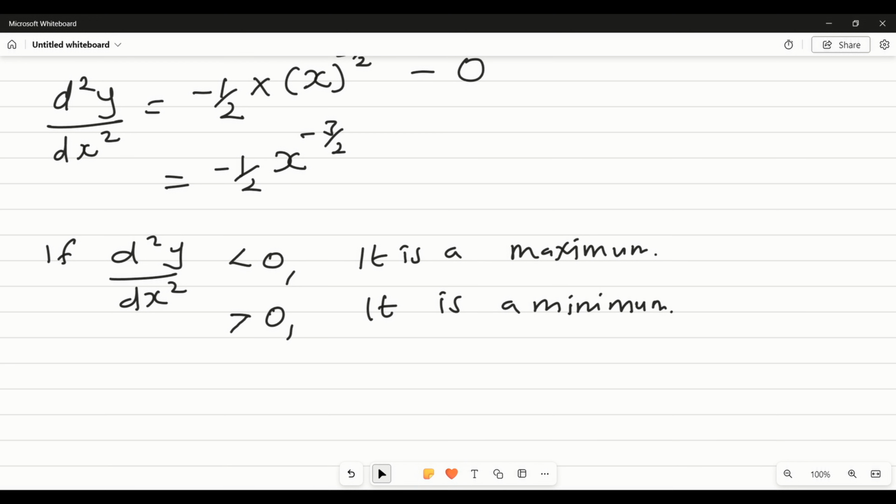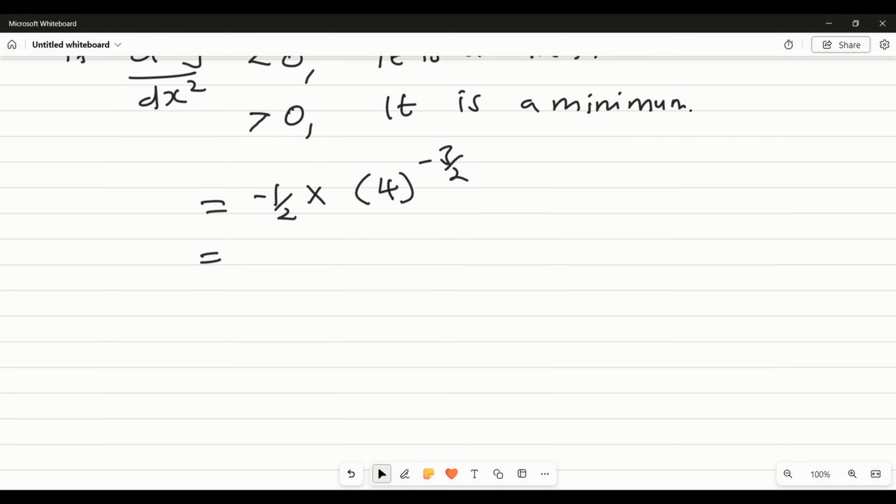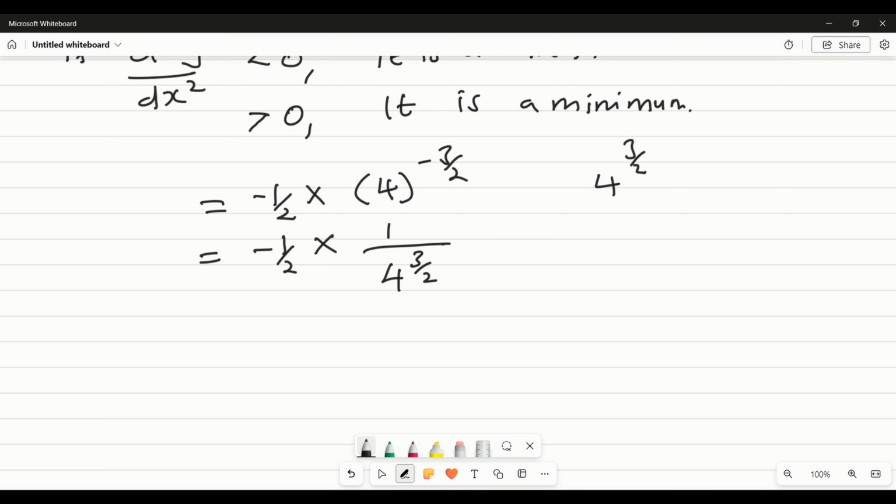So what you can do, we were given the x value as 1 over 4, so we'll substitute and check how it compares with 0. You can have negative a half times one quarter to the power of negative 3 over 2. This is the same as negative a half times 1 over 4 to the power of 3 over 2. And 4 to the power of 3 over 2 is the same as 4 to the power of 3, then outside we can have a half.